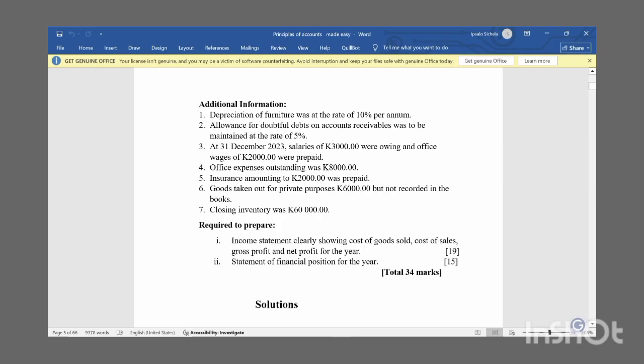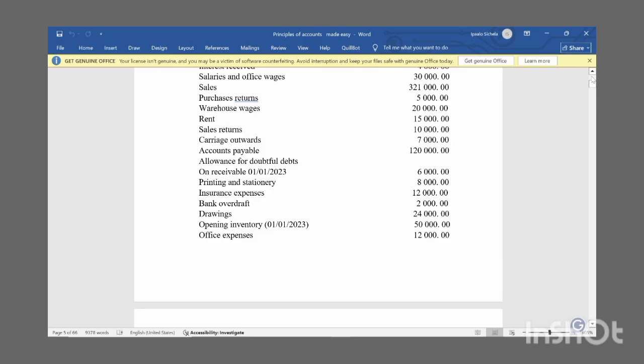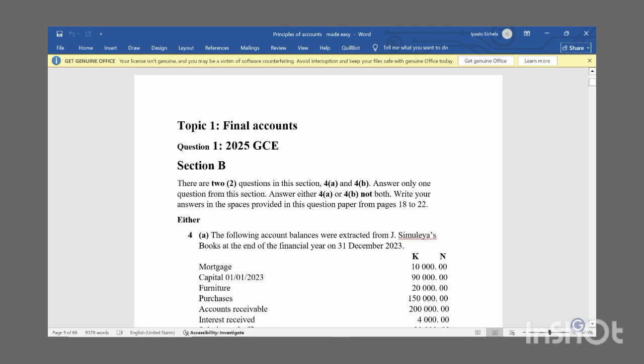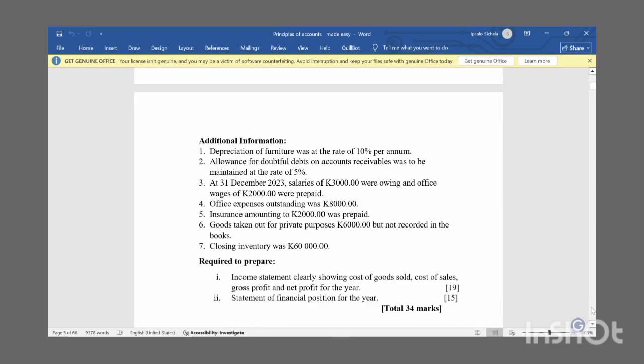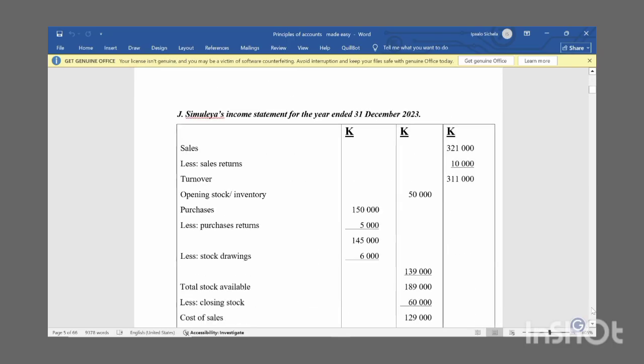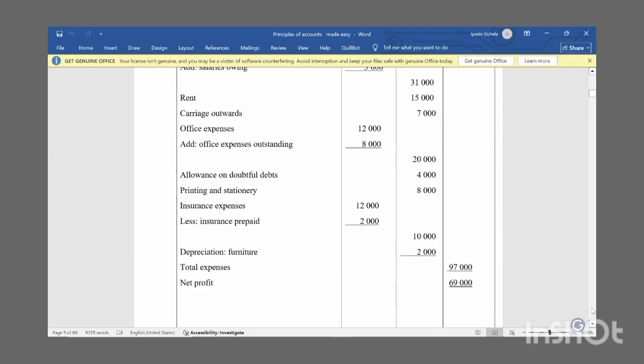So what was the cost of furniture? Furniture was costing 20,000. So 10% multiplied by 20,000 will give you 2,000. So the 2,000 will be recorded because depreciation is an expense. So we put 2,000 there.